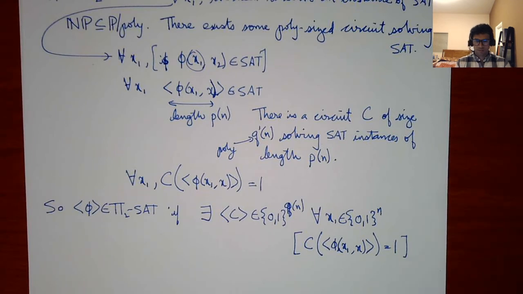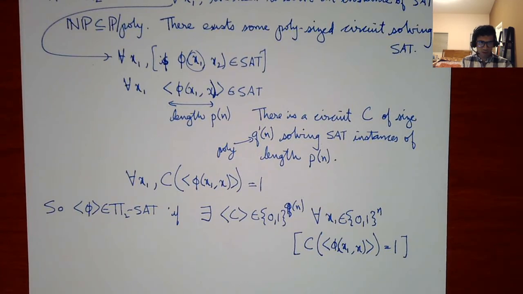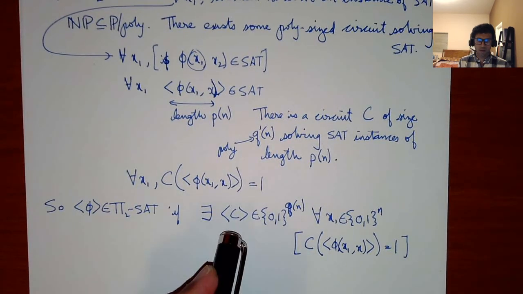So the size of the circuit is not necessarily the exact same as the encoding of the circuit. It's not, but it's up to some polynomial factors. Probably there's like an extra log n factor or something because you have to specify the adjacency matrix or adjacency list, and you have to specify the gates and what they are. So this is some extra encoding that you have to tack on to it. But it's still polynomial. The point is there's a polynomial size circuit.